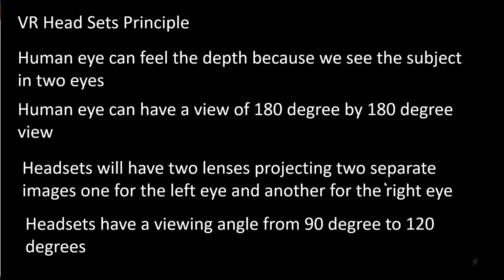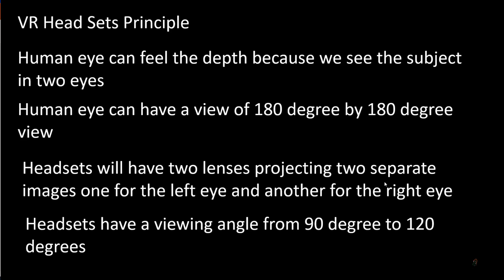So for this, in the case of VR, we convert our mobile screen or display into two screens, one for the left eye and one for the right eye, and two pictures are projected to our eyes using two lenses.